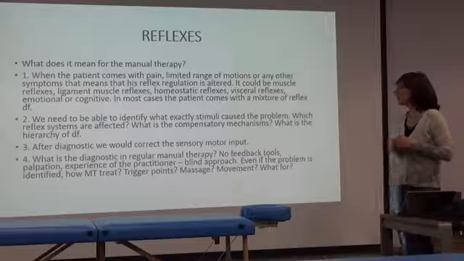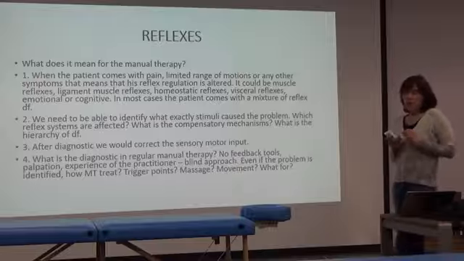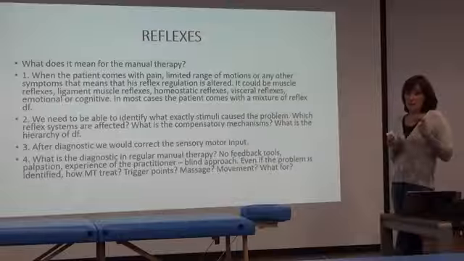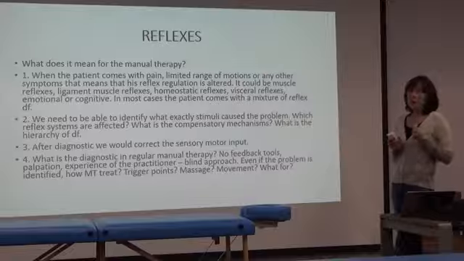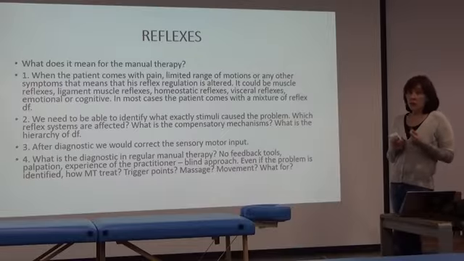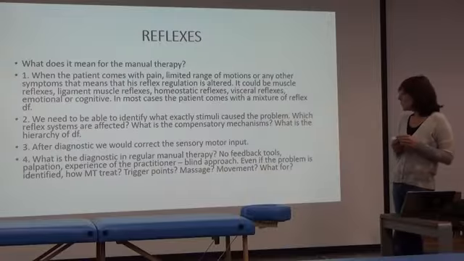disbalanced, altered reflexes. And we need to be able to identify exactly which stimulus causes the problem, why, which reflex systems are affected, what the compensatory mechanisms are, and what the hierarchy of dysfunctions is.